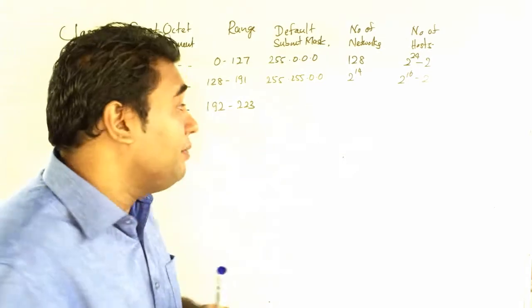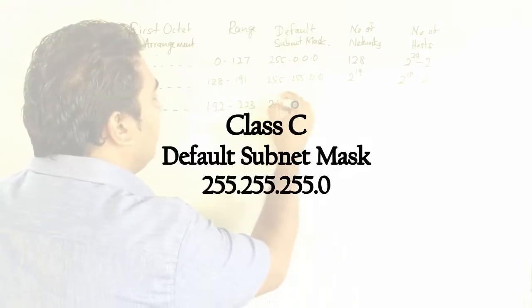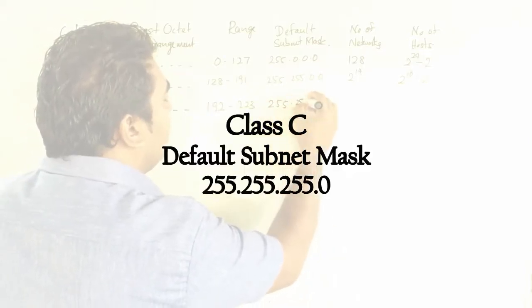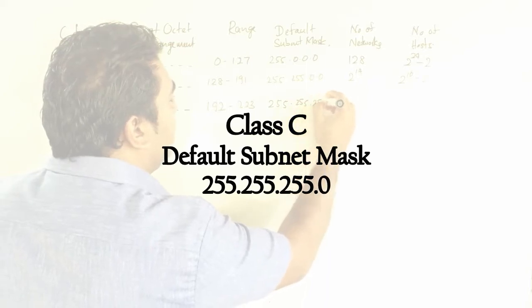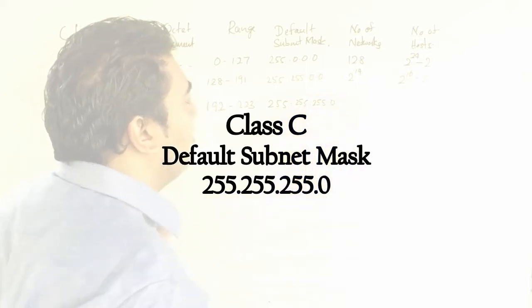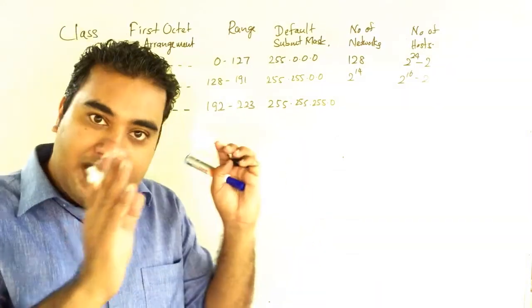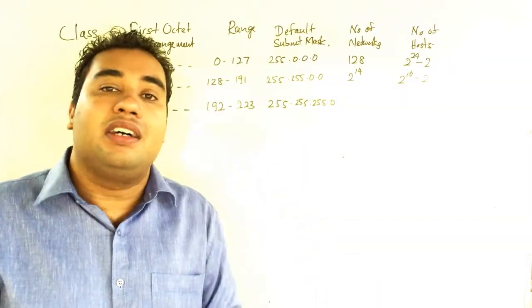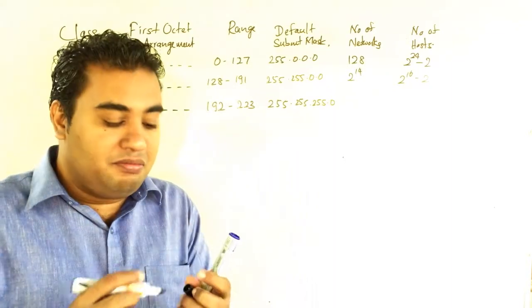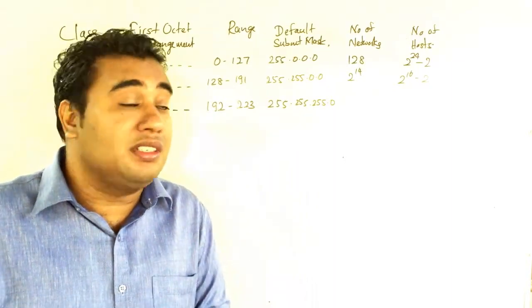So the default subnet mask will be 255.255.255.0. So there are altogether 3 octets for the network portion, and the last octet will be used for the host addresses.